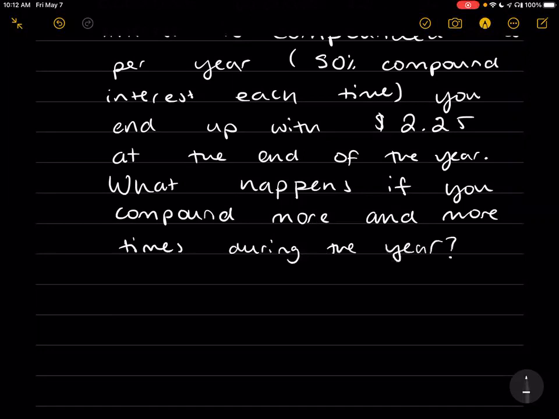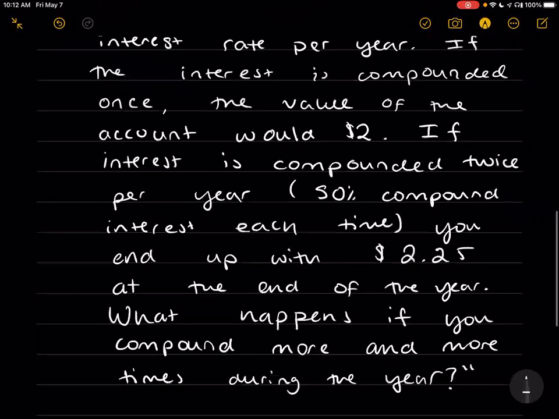So here we compounded once, we got $2. We compounded twice, we got $2.25. You can compound 3 times during the year, 4, monthly, weekly. So what happens if you compound closer and closer together?